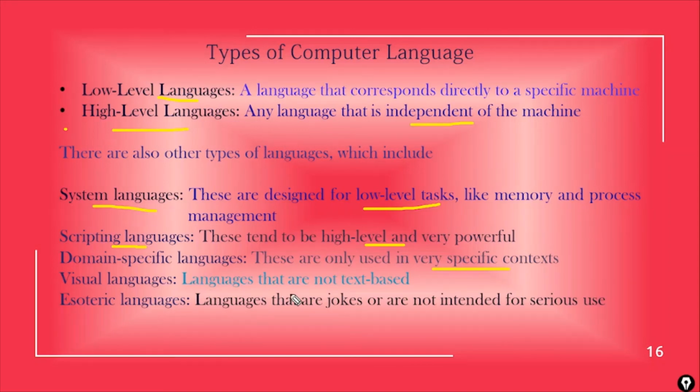Nowadays the pictures and modifications are all visual languages, based only on pictures and objects, not text. Another type is esoteric languages, which are jokes and not intended for serious use. Languages used to create jokes are esoteric languages. These are some of the other languages we can see up to now.